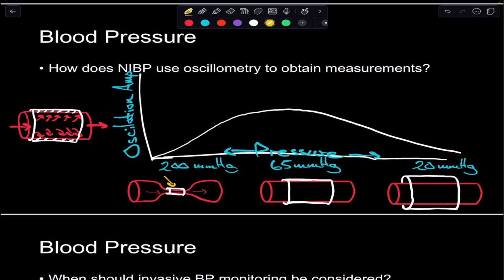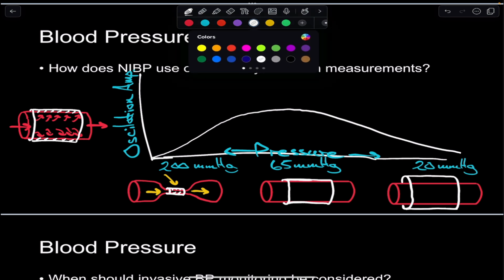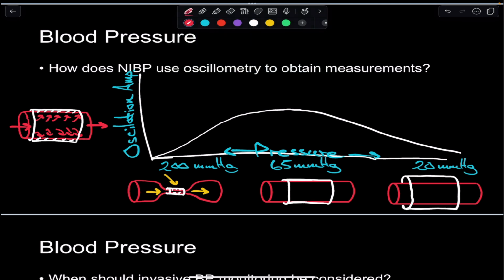When we first place the blood pressure cuff on the patient, it inflates to a very high pressure and really clamps down on the walls of the artery. Because it's so tight, there's very limited blood that can actually flow through the artery. Because there's reduced flow, the sensors in the cuff pick up a very small amount of oscillations.